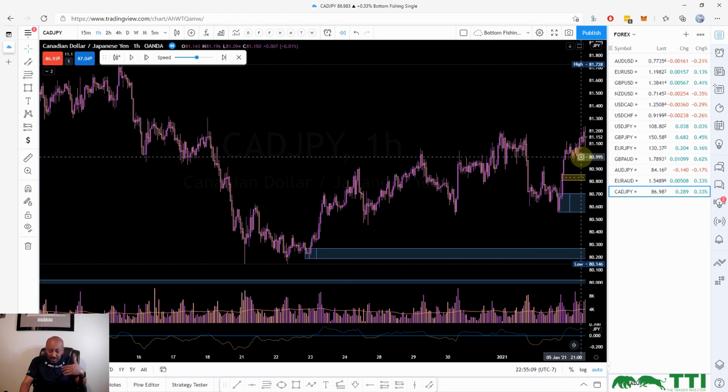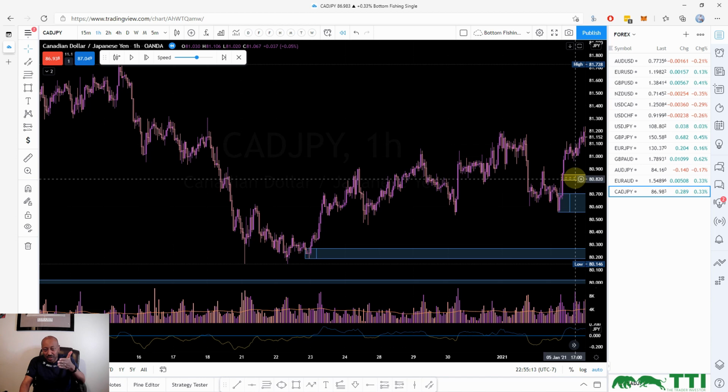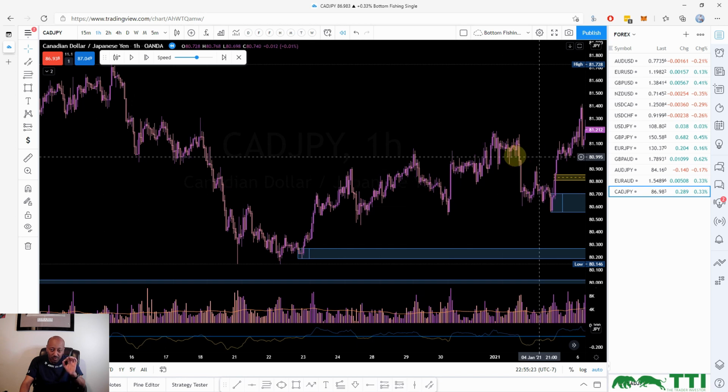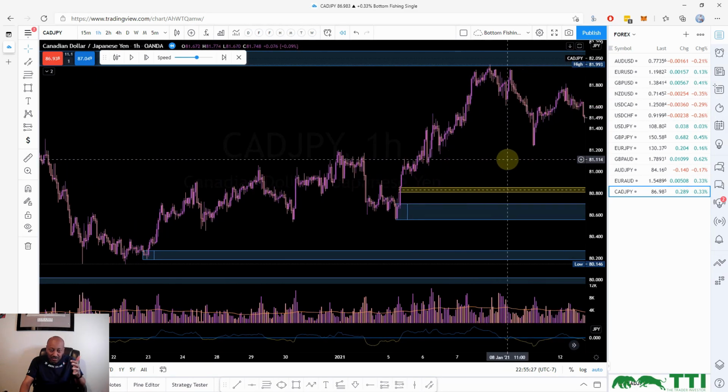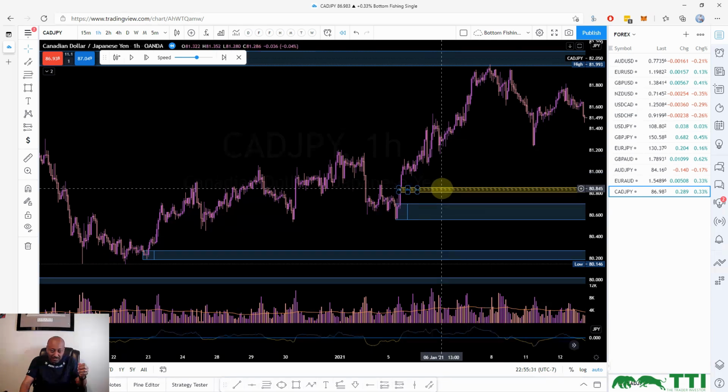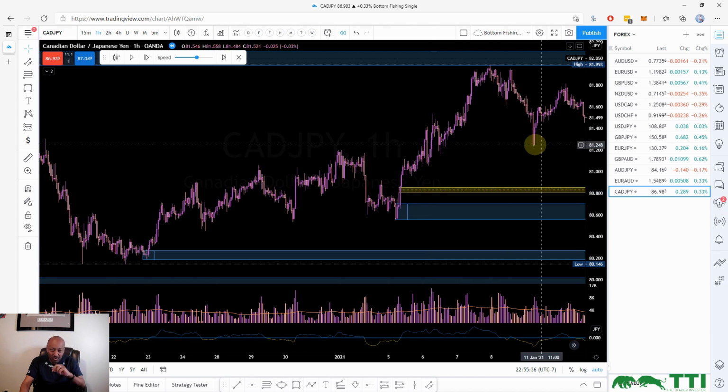So it can't even be a target because this is an imbalance we're expecting price to come and clear to get to this other order block. I just wanted to make sure, because we're looking at it on a longer time period, this is not our exit. This does not come into the picture until way down the road.